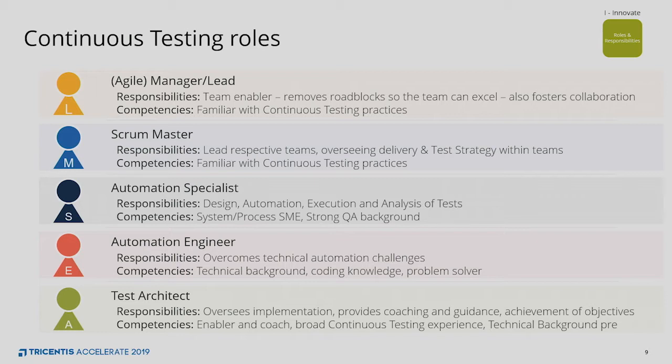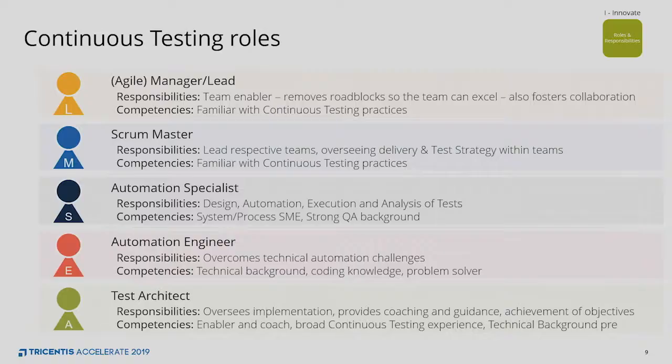And then you have 2 roles, the automation engineer and the test architect, which are really career paths. You can train them, but it really requires experience and knowledge of how test automation and QA in general works. So this is something that automation specialists can evolve into as a career path, where the automation engineer is really a technical person that will take care of any automation challenges teams will have.